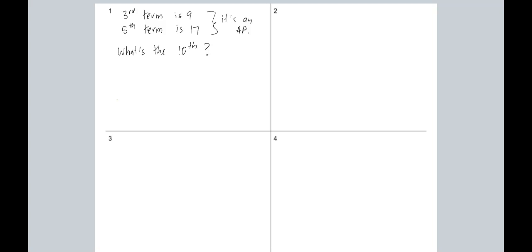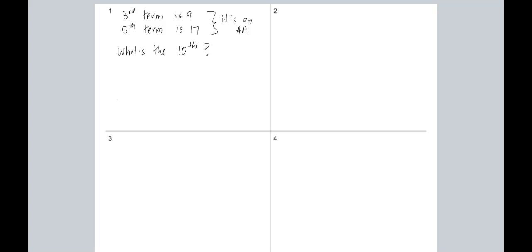How do we do that? We can't use the general form, the formula, because the formula requires A1, and we don't have A1 yet. Now, if you remember what we did with the GP, we basically said, if I've got the third and the 10th term, that means I have to multiply the third by a certain number of times to get to the 10th one.